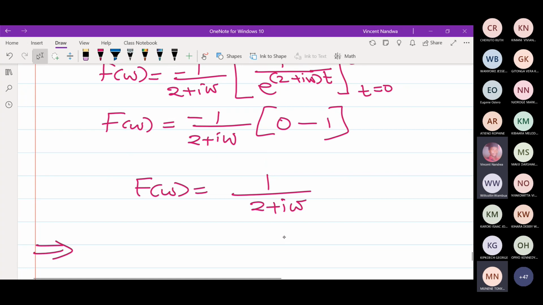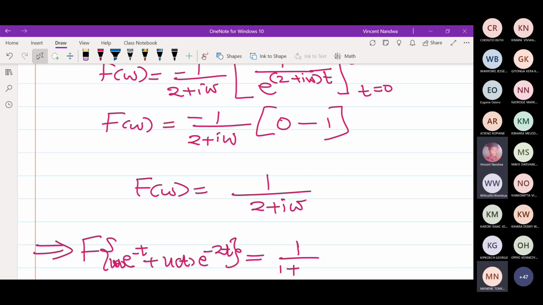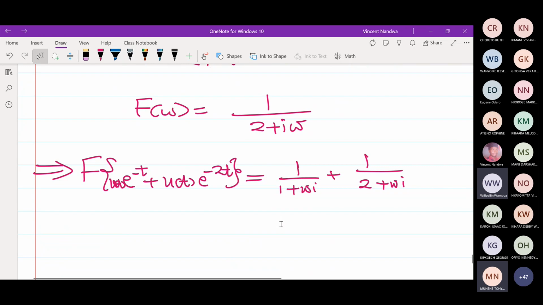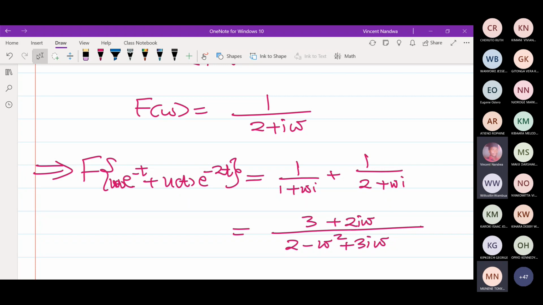Which means that the Fourier transform of u of t times e power minus t plus u of t e power minus 2t: the first part was 1 over (1 plus i omega), the second part we have gotten 1 over (2 plus i omega), and confirm that when you put all this as one fraction, you'll get (3 plus 2i omega) over (2 minus omega squared plus 3i omega).